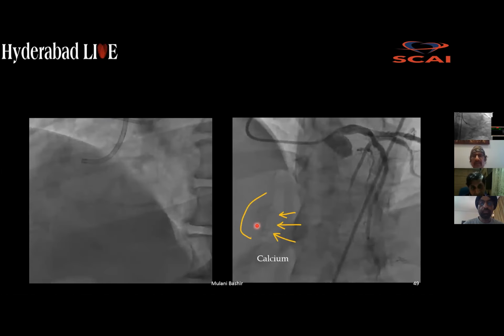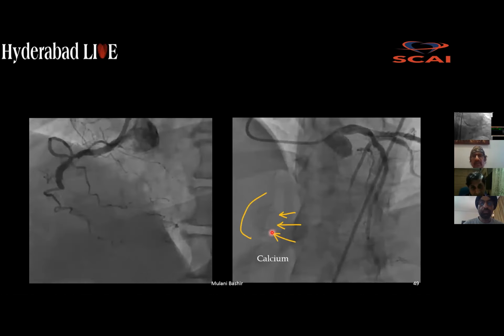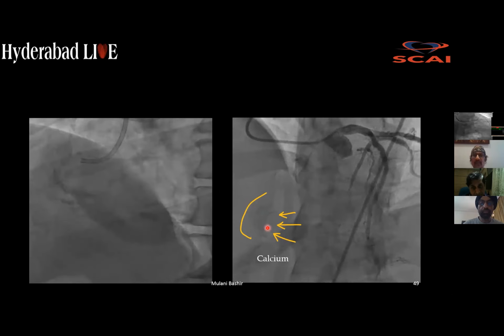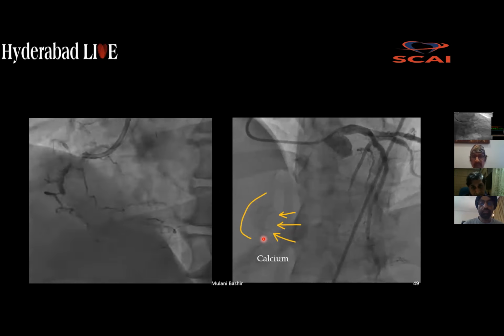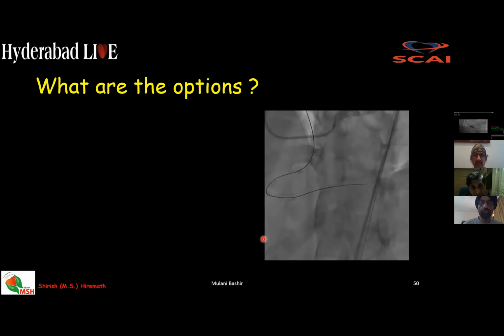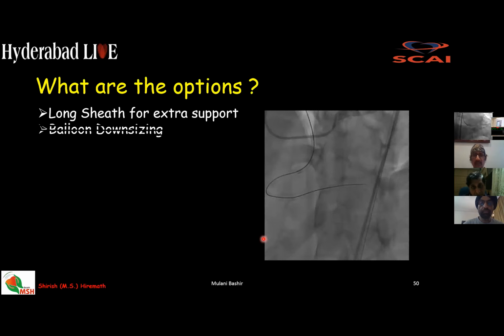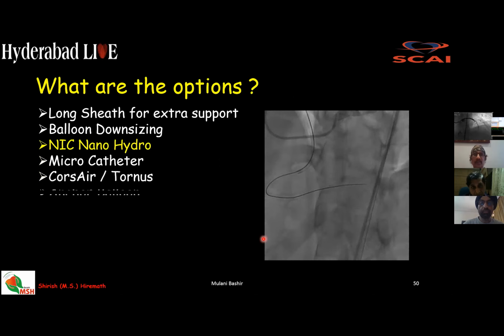And this calcification was actually worrying. So we thought we were all ready with rotablator and possible IVL. But here the PTO wire has gone across, but the balloons were not going.